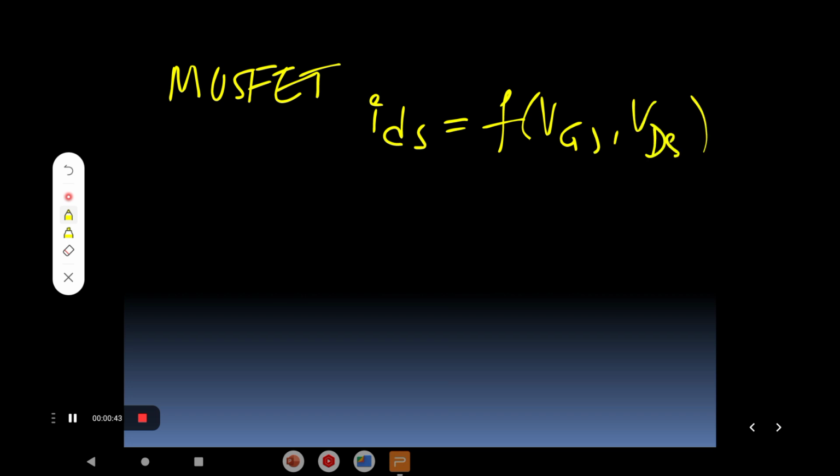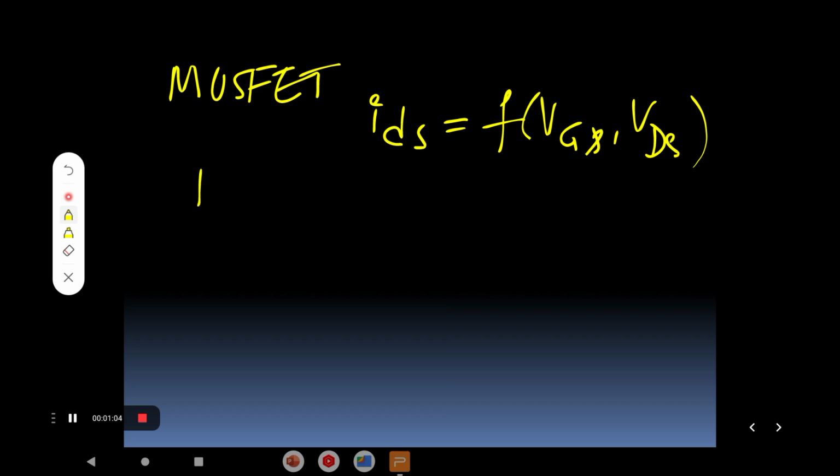For a MOSFET, the drain current IDS is a function of VGS and VDS. The drain current, that means drain to source current, is a function of VGS and VDS.